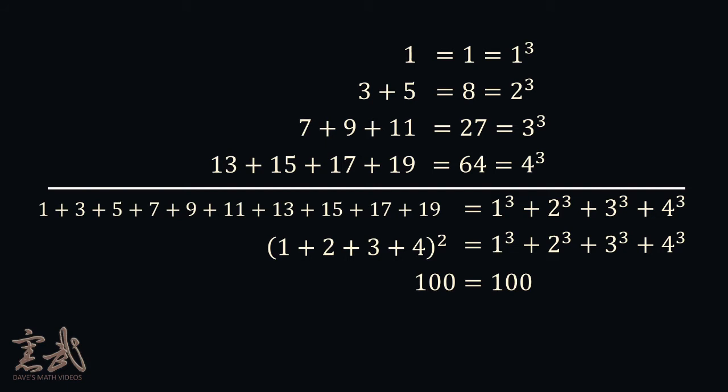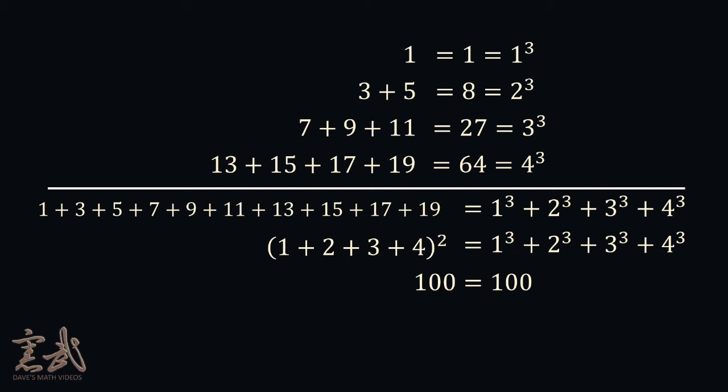So a long time ago, there was a mathematician who discovered the following property. If I take 1, it's equal to 1 cubed. If I take the next two odd numbers and add them, I get 3 plus 5, which is equal to 8, which is equal to 2 cubed. Next, if I take the next three odd numbers, I get 27, which is equal to 3 cubed.